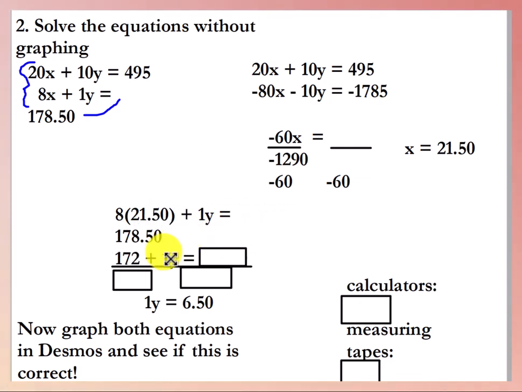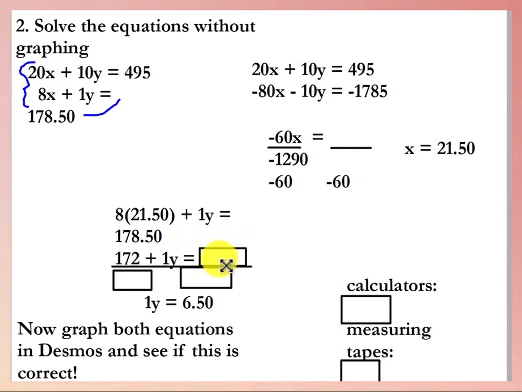All right. So 8 times 21.50 is 172. Use your calculator, use Desmos, and check my work, because I'm not checking as I'm doing this. If you find any mistakes, let me know.